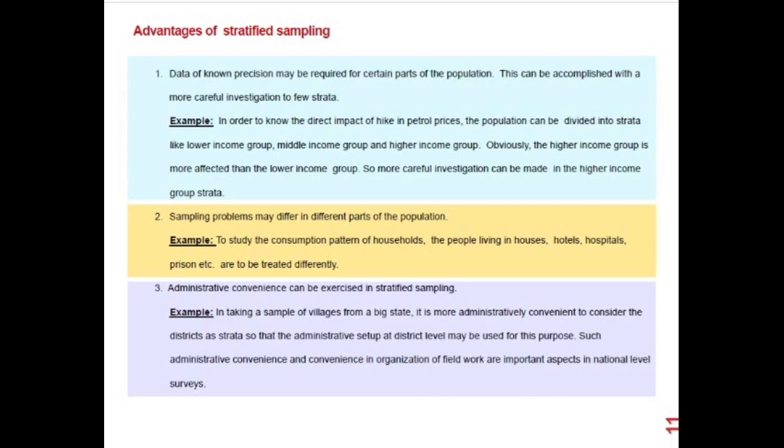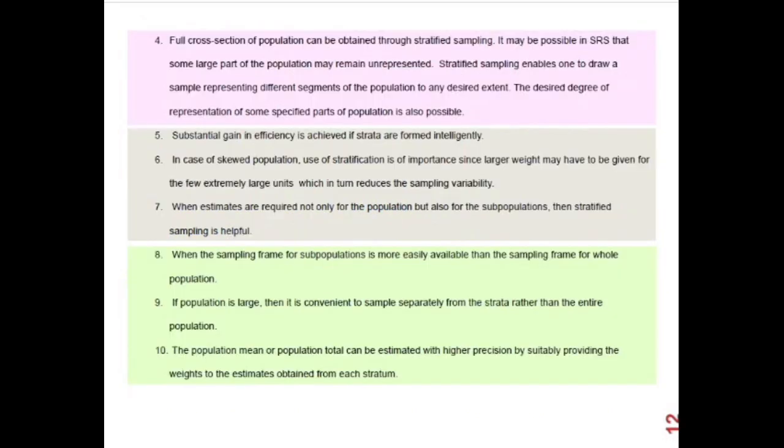Such administrative convenience and convenience in organization of field work are important aspects in national level surveys. Now we have a lot of examples of stratified applications, which you can easily see over here. So these are some of the applications which we are discussing. Okay, that is the end of this slide.